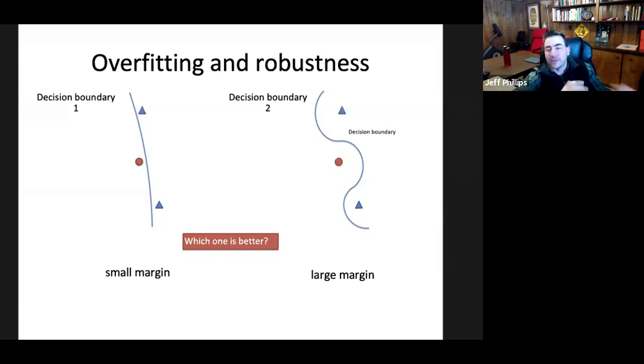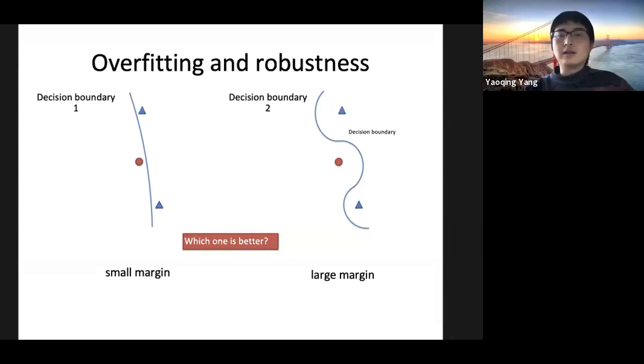If you just rely on margin, I can make up a really weird notion of margin that makes it very big, but it's not very robust to some perturbation of data. Are you going to talk more clearly about what you mean by the notion of margin and how that relates to the complexity of the decision boundary?